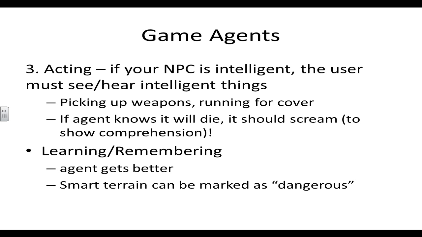Why is that such a big deal? Because you're trying to convey that this is actually an intelligent being. So you can start to integrate these human things that are not necessarily AI, but if it screams knowing that it's going to die, like, I'm going to die, how could you do this to me? It's going to seem more intelligent. You can get those things for free where it's not just extra code. Okay? So it should scream to show that it's actually comprehending what's going on.